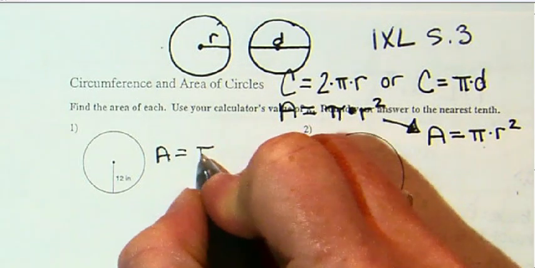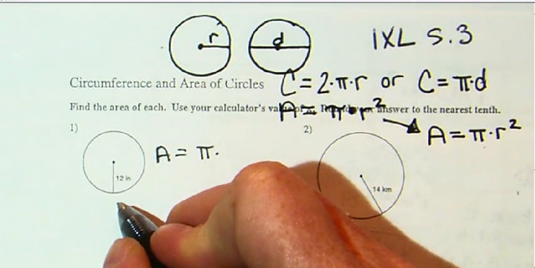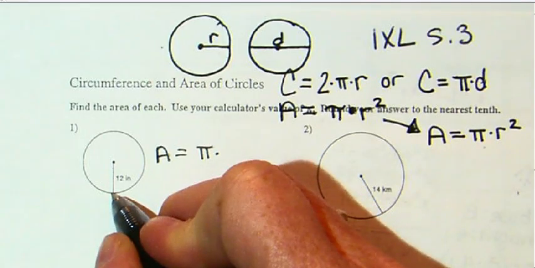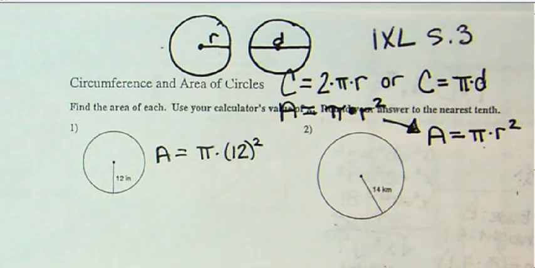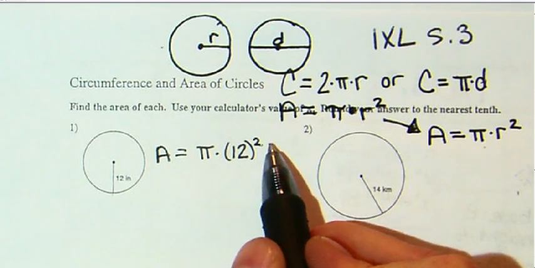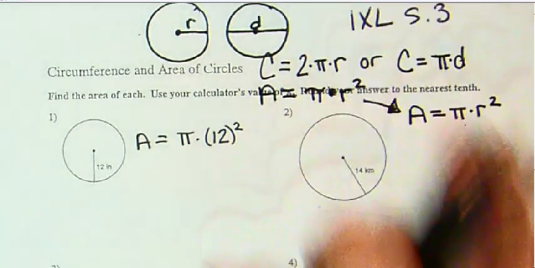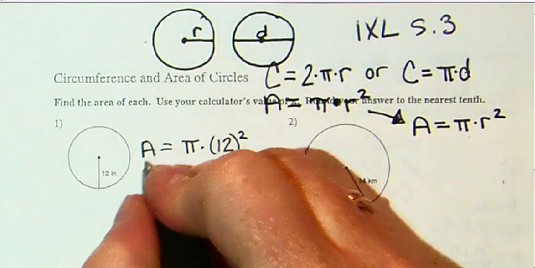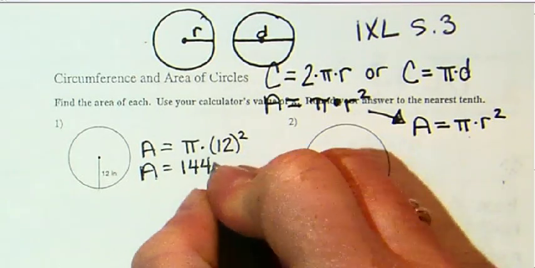Well, I know I've got pi times, my radius is halfway across my circle, so this is my radius, 12 squared. So I'm going to have to do my exponents first. 12 squared, if we do this in our calculator, is going to give me 144. So showing all of my steps, my area equals 144 pi.